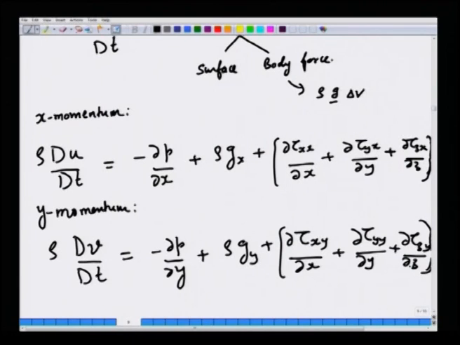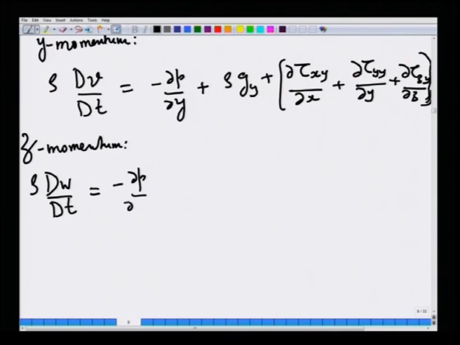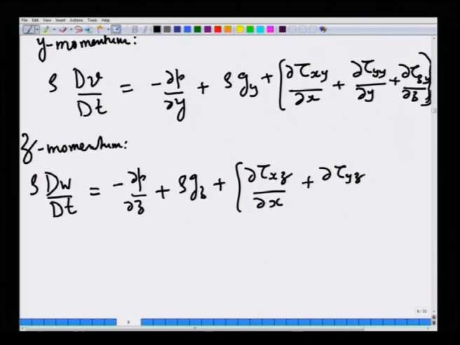And we finally have the z component of the momentum equation: rho times the substantial derivative of the z component of velocity with respect to time is minus partial p partial z plus rho g z plus partial tau x z by partial x plus partial tau y z by partial y plus partial tau z z by partial z.